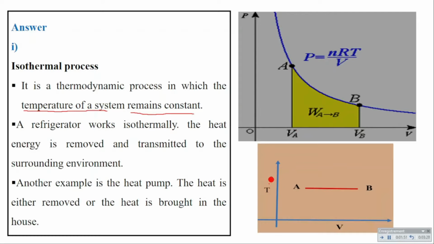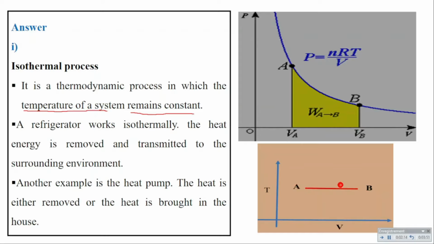If we construct a temperature and volume diagram, you can see that the isothermal process is a process in which the temperature of the system remains constant. From A to B, the temperature remains constant, and from B to A also, the temperature remains constant.